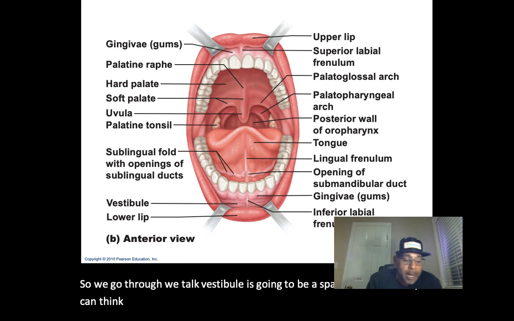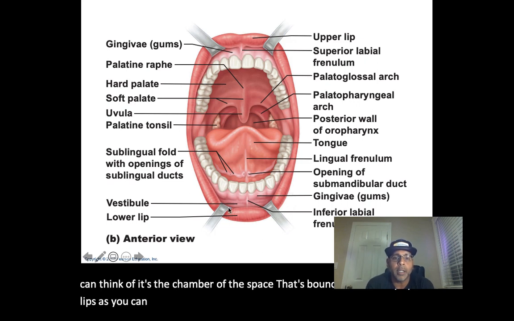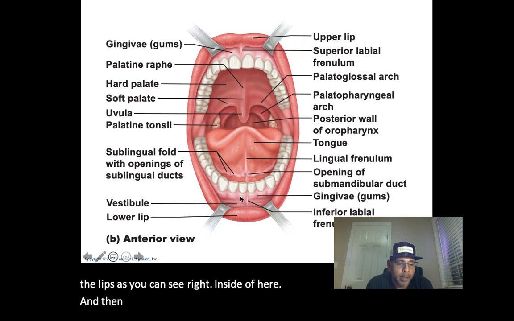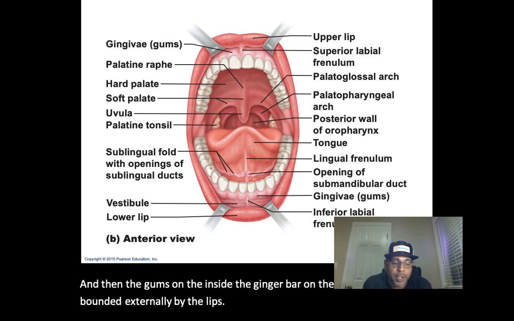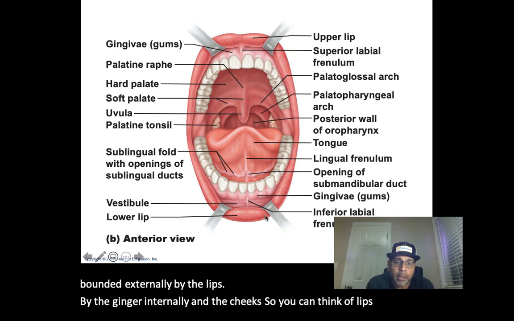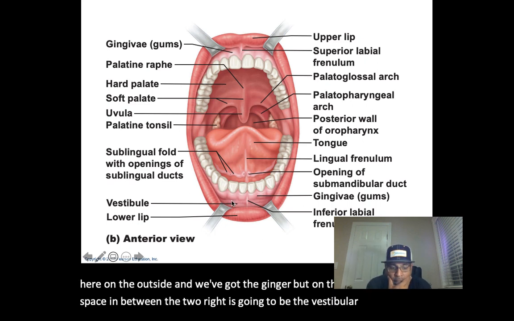It's the chamber that's bounded externally by the lips, as you can see right inside of here, and the gums, the gingiva, on the other side. So it's bounded externally by the lips and the cheeks, and by the gingiva internally. You can think of the lips and the cheeks on the outside, and the gingiva on the inside, and the space in between the two is the vestibule, or the chamber in between the two.